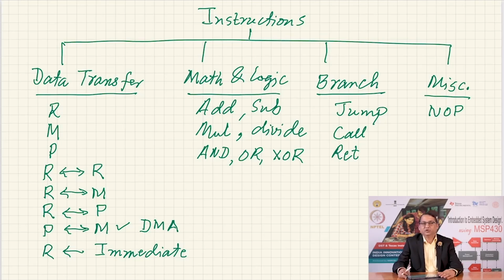Maybe you want to switch to a low operating mode, or you may want to modify certain flags, say for interrupts. You may want to enable or disable interrupts. So instructions of such nature, as you see, don't fall in the first three categories, and would be classified under the miscellaneous category. Now irrespective of the processor architecture, these are the four types of basic instructions that any processor has.